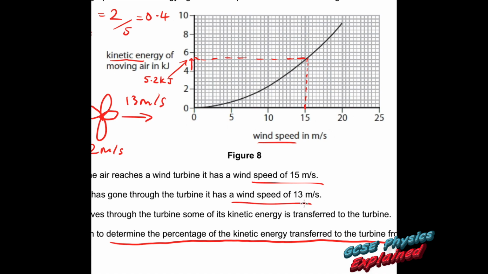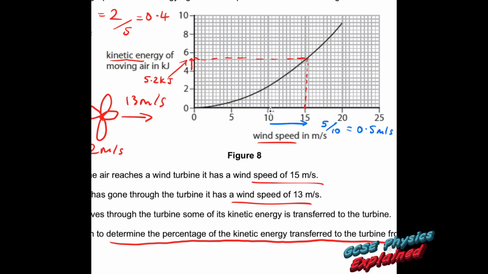Now, if the wind has got 13 metres per second, so hang on, these axes are horrible. So going from 10 to 15, how many little squares we got? 1, 2, 3, 4, 5, 6, 7, 8, 9, 10. Right, so that's an increase of 5, and it's done that in 10 squares. So each square is half a metre a second. And we need to go from 13.